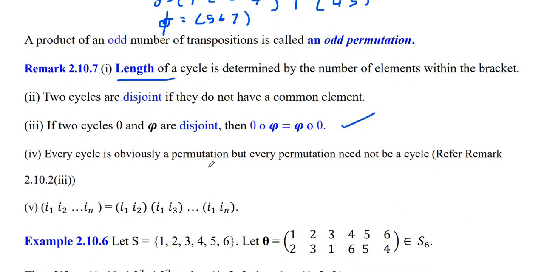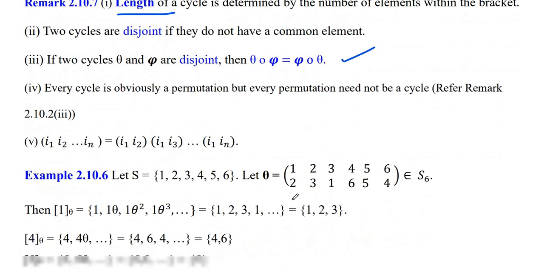Now every cycle is obviously a permutation, but every permutation need not be a cycle. We can see this by considering any example, any cycle.